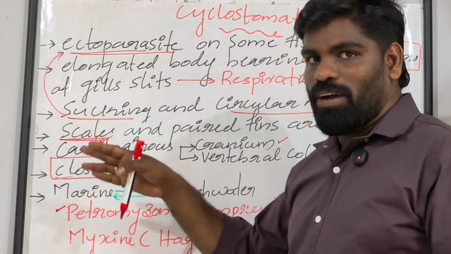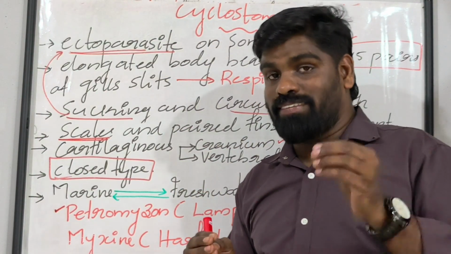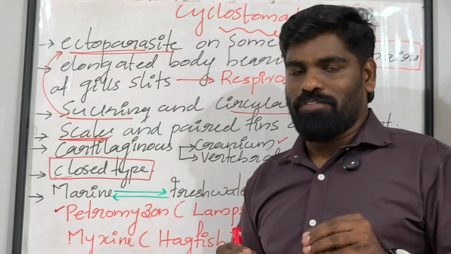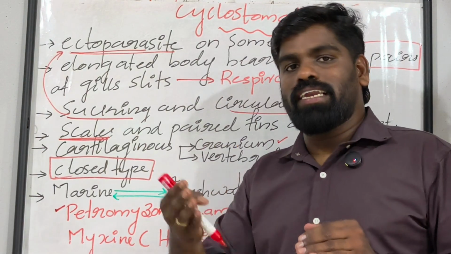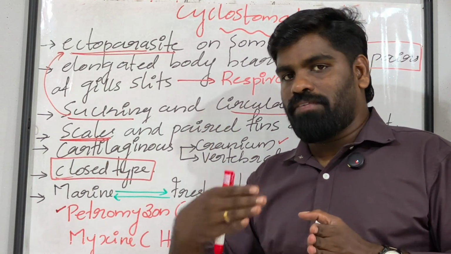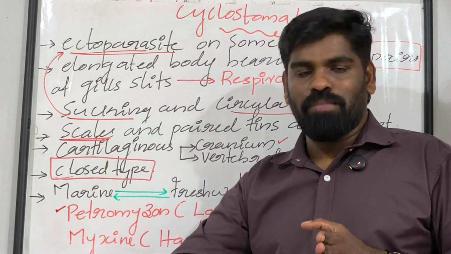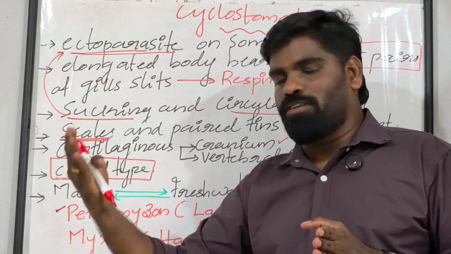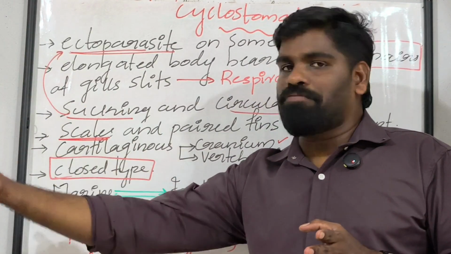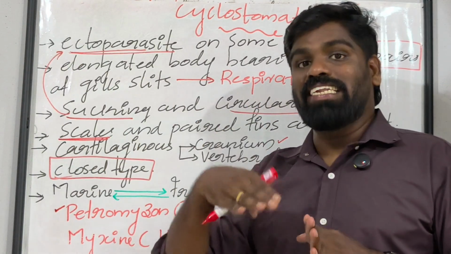So the life of cyclostomes starts from fresh water and ends in fresh water itself. Have you got it? From fresh water, the larvae undergo metamorphosis and become adults, and migrate into the marine. The adult cyclostomes live their entire life in the marine, and for spawning the adults again migrate into fresh water and die there.